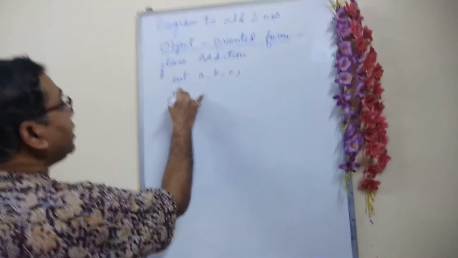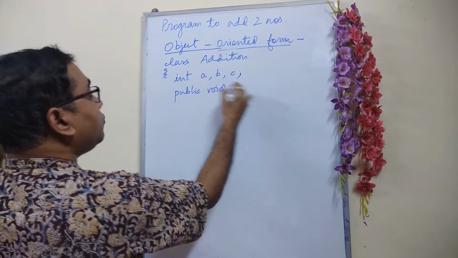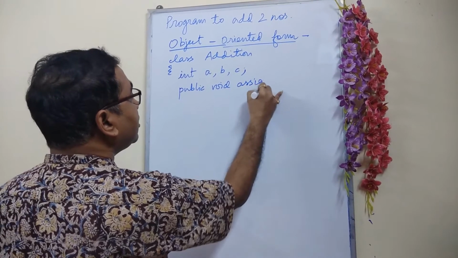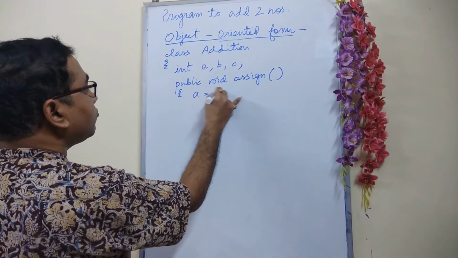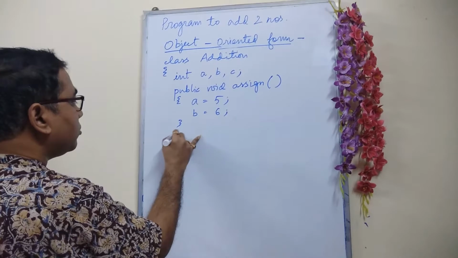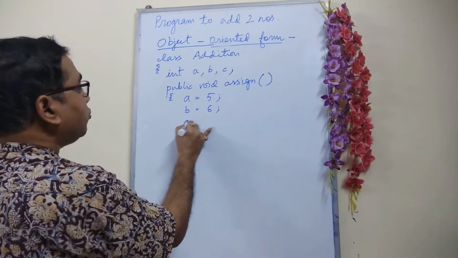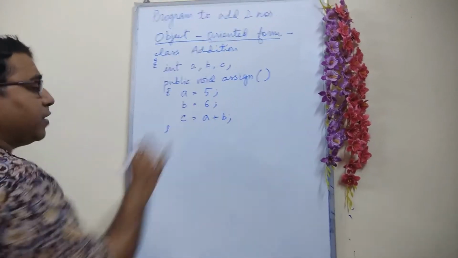Now I am using different functions. Let us take one function as assign, which will assign the values, and then I am doing the addition over here in the assign function.